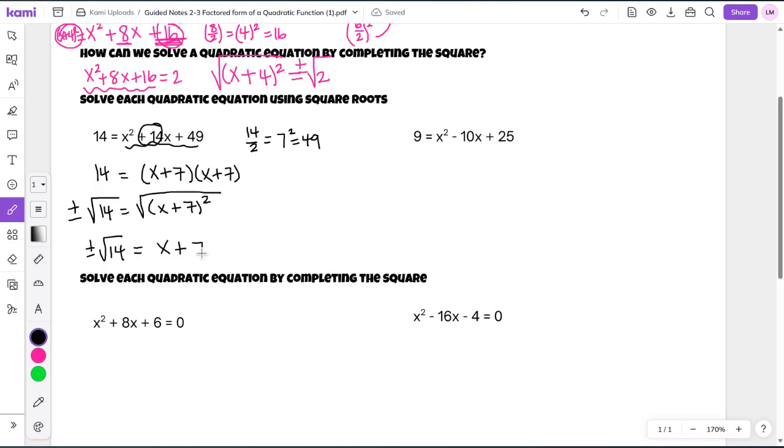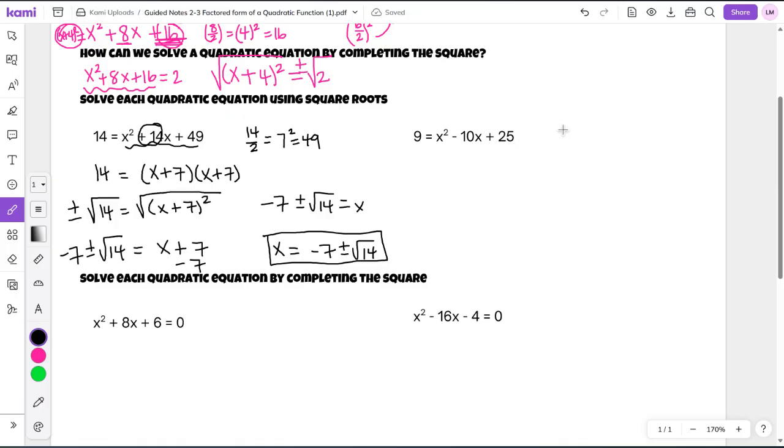Subtract 7 from both sides. I usually stick it in the front, so negative 7 plus or minus the square root of 14 equals x. And those are my two x-intercepts: negative 7 plus the square root of 14, and negative 7 minus the square root of 14.